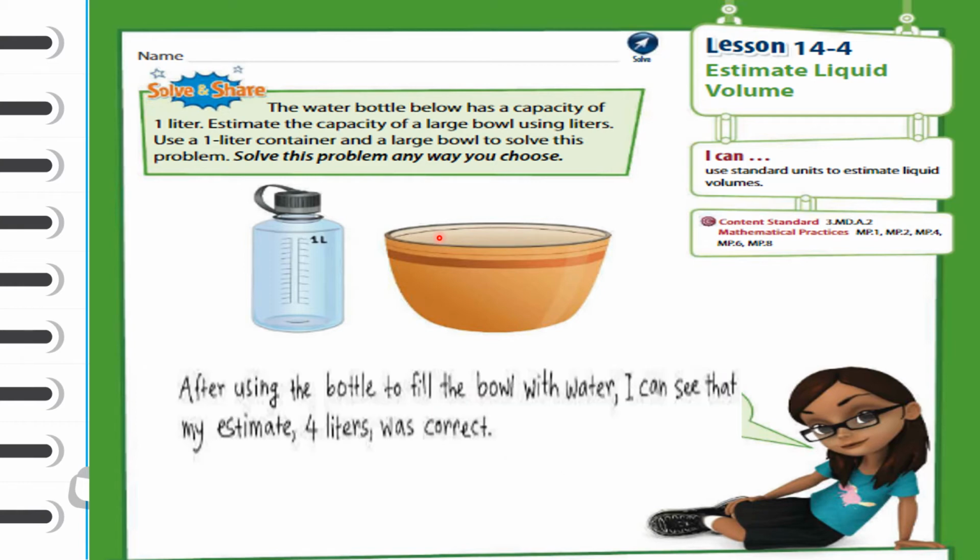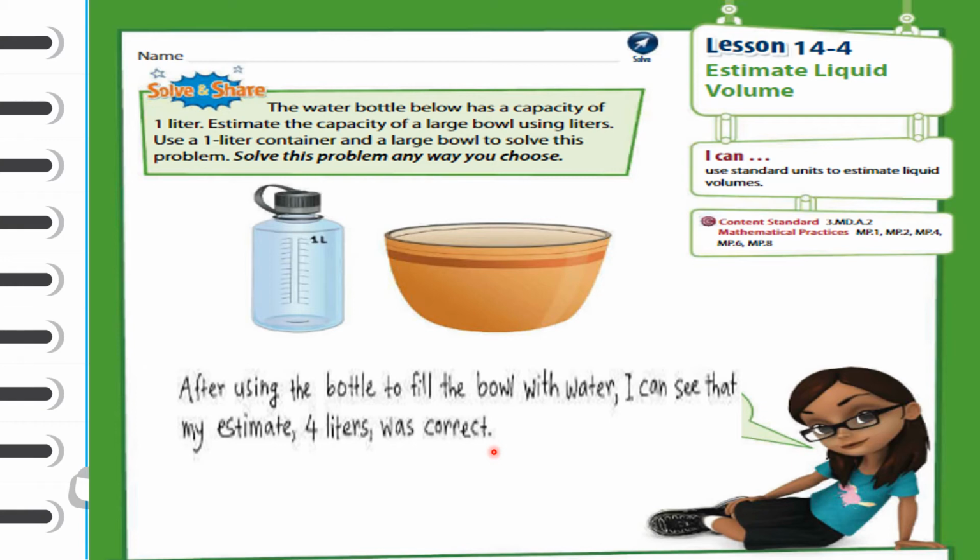When I did this using a bowl at my home and a 1 liter bottle, after using the bottle to fill the bowl with water, I could see that my estimate of 4 liters was correct. So I estimated that my bowl can hold 4 liters. Then I grabbed a bowl from my kitchen and a 1 liter water bottle, and actually 4 liters can fill that bowl.